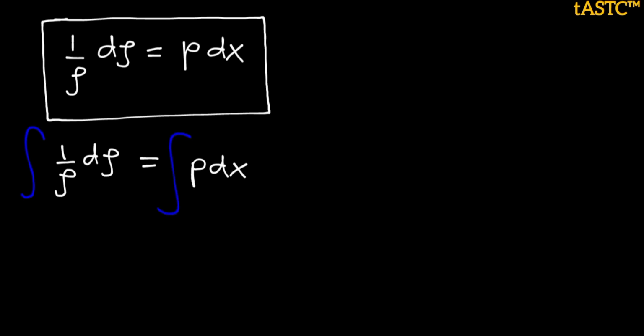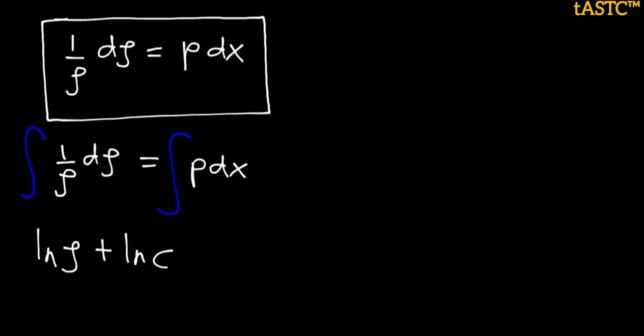Okay. Now for this other part, we know that the integral of 1 over rho should give us ln rho plus c. So instead of leaving it as a normal c, I would just leave it as the natural logarithm of c, because this is basically a constant also.